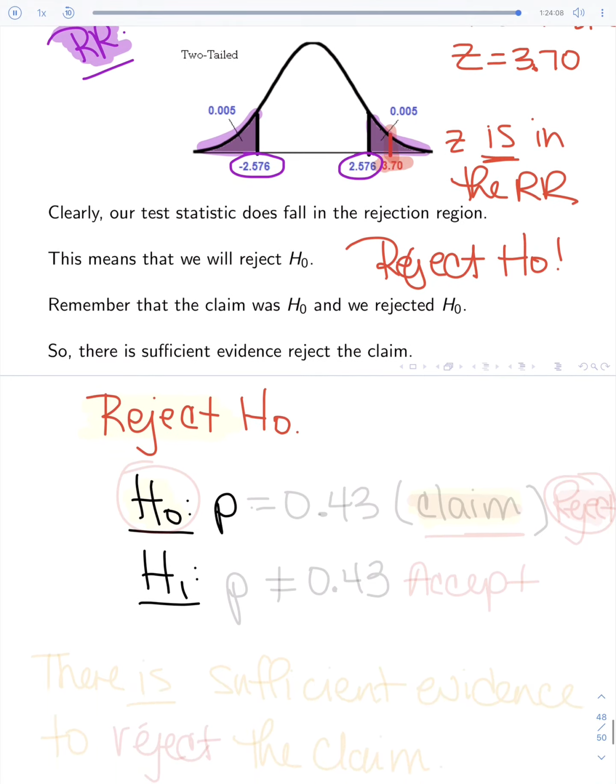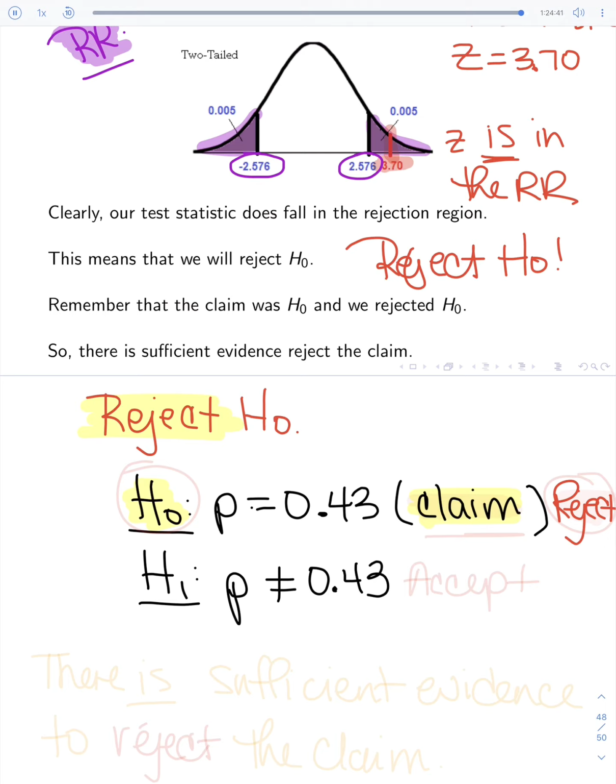Remember, our H naught was p equals 0.43, and that was indeed our claim. And then our H1 was that p does not equal 0.43. And the one that we care about here is the one that is our claim, which is our H naught, which we are going to reject.